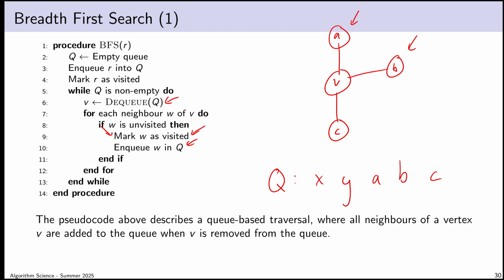And when I do this, just like with the convention in DFS, where I always work in alphabetical order, when I add multiple neighbors to the queue, I will add them in alphabetical order, as you can see I've done here. So I'll add them to the queue to line them up for processing, but in so doing, I will mark them as visited because that means they're already in line for processing. They will be processed shortly. Nobody else should add them to the queue.